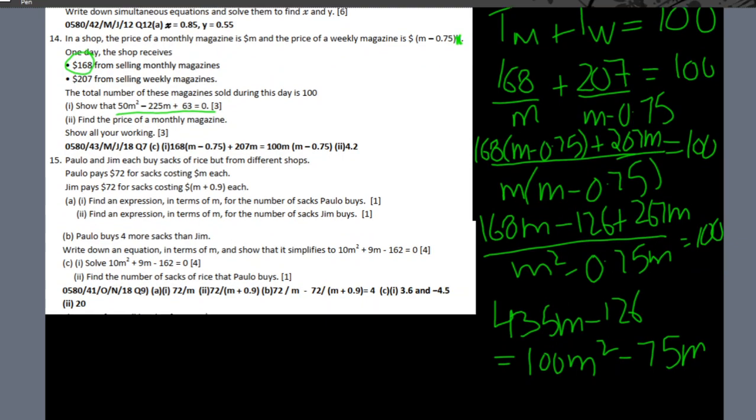So this becomes 0 equals 100 M square minus 75 minus 435, which gives us minus 360 M minus 120 plus 126.